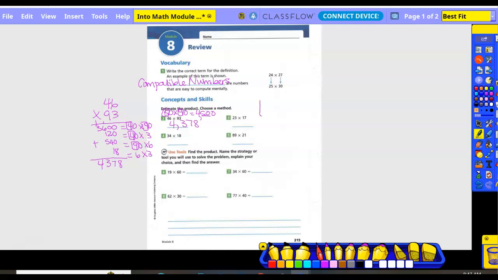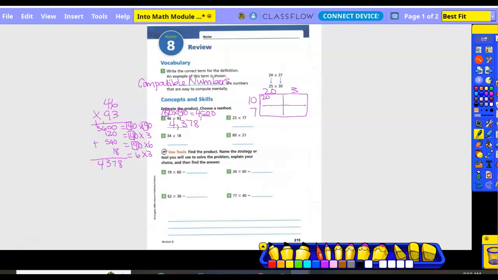Okay, on number 3, let's use the area model or the partial products using the area model with the box. So I'm going to draw my box. I'm going to break it into 4 pieces. Okay. 23 we can break into 20 and 3. And then we can break 17 into 10 and 7.